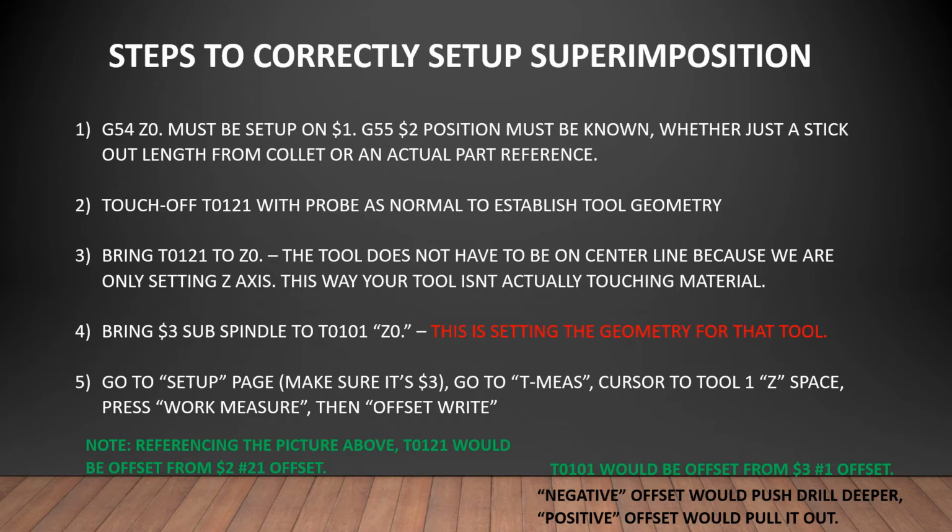Then tool 1 would be offset from channel 3 on the number 1 offset. A negative offset would push the drill deeper, and a positive offset would make the tool go the opposite direction, or away from the part.